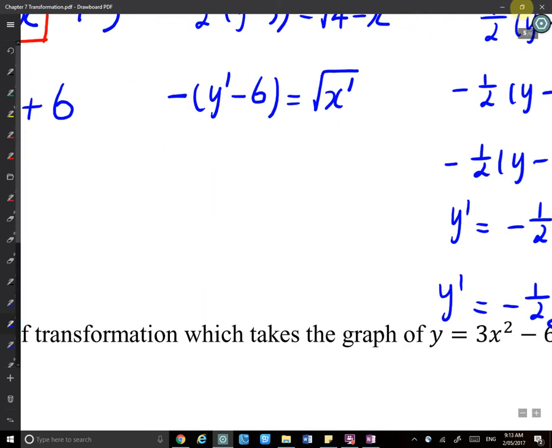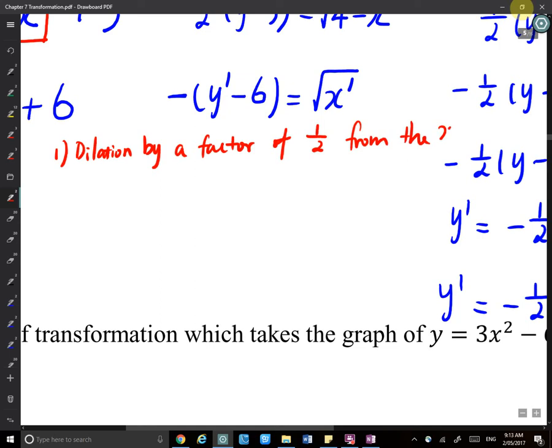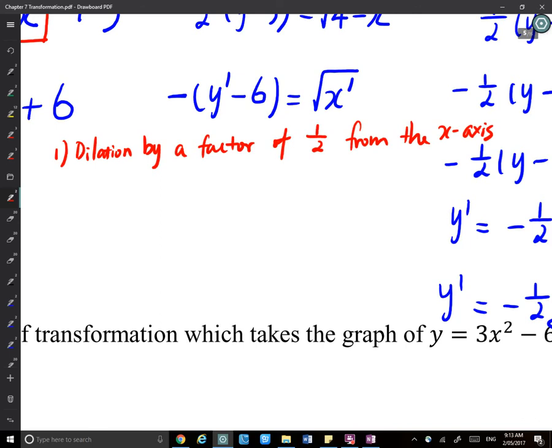So step number 1, dilation by a factor. The language needs to be correct. Factor of a half from the x-axis. Dilation by a factor of a half from the x-axis because it's changing the y value.